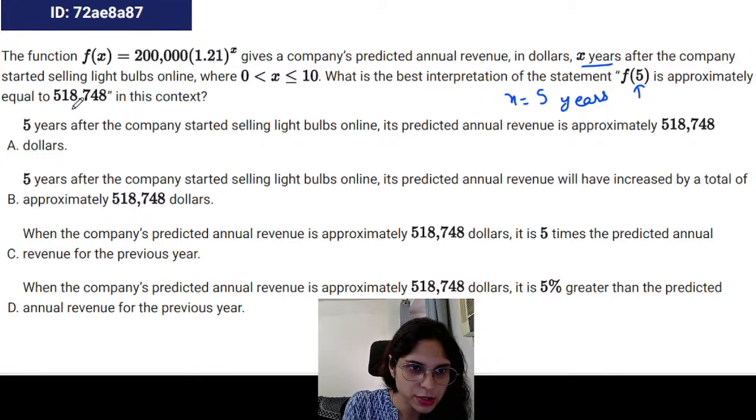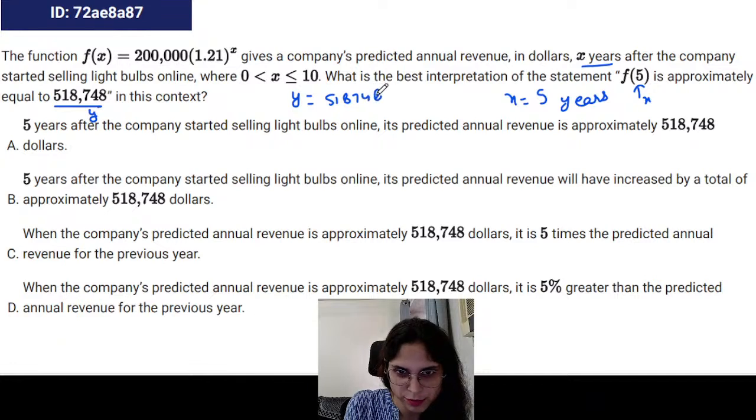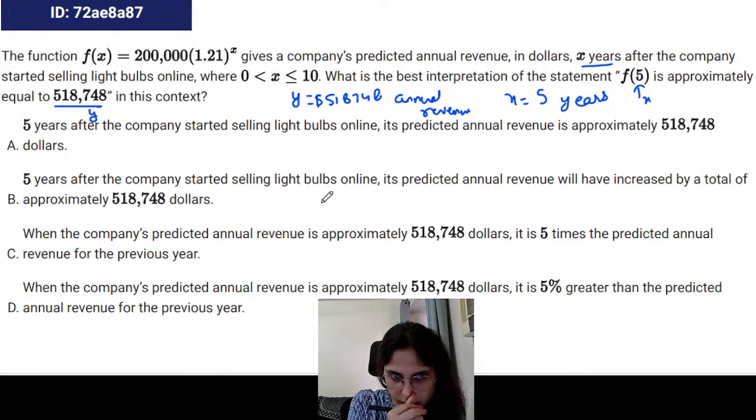And f of 5 is equal to this value, so this is the value of y. So your y is 518,748. That's your annual revenue. So after 5 years the revenue should be this much. At 5 years the predicted annual revenue is this much.